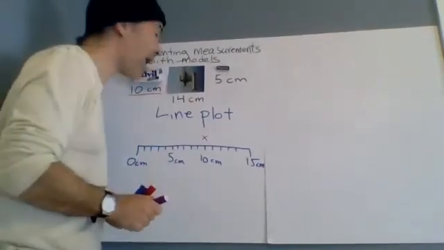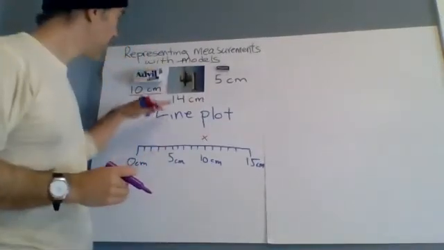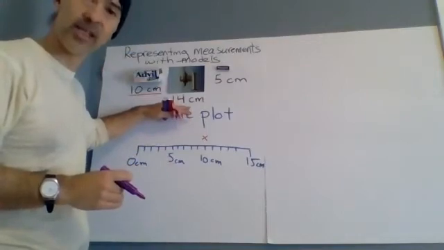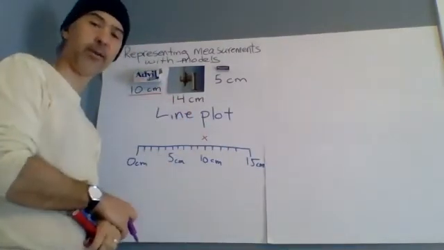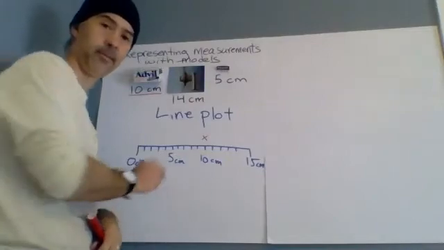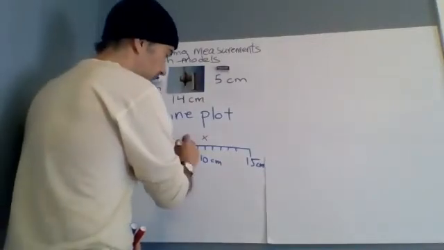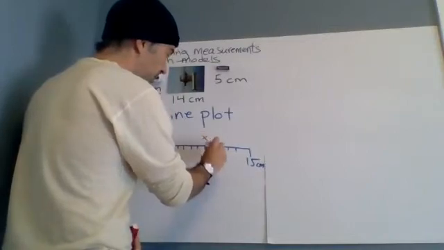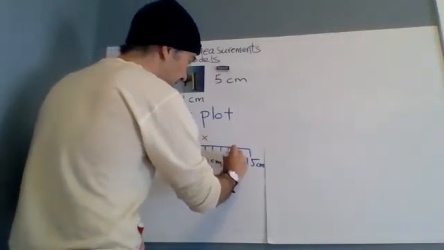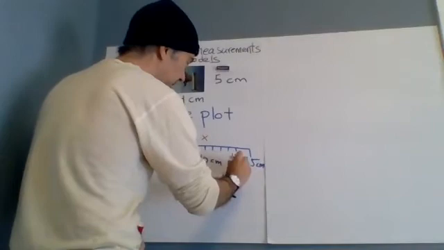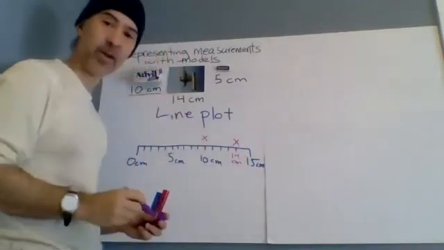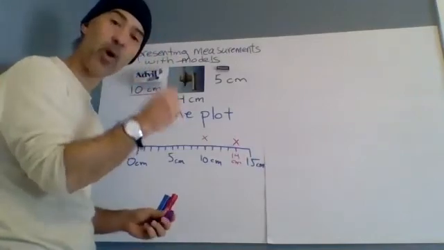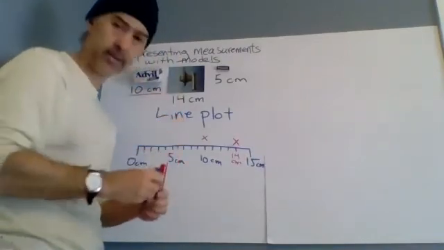Where does my postcard lie? Well, my postcard is 14 centimeters. Where would you put it on the number line? Well, there's 10, 11, 12, 13. Here's 14 centimeters. So right above it, I put an X at 14 centimeters. That's where my postcard measurement lies.